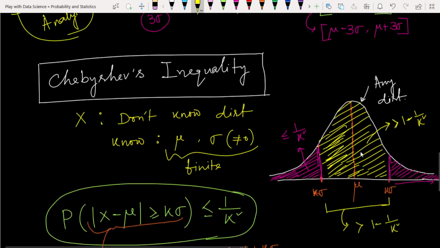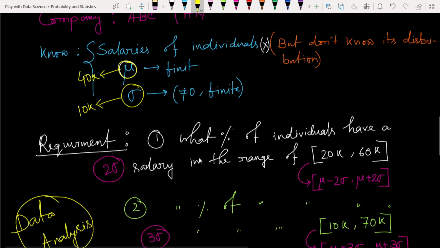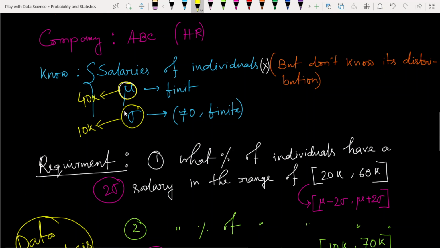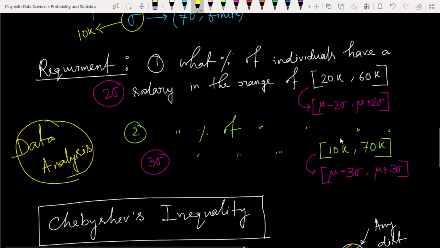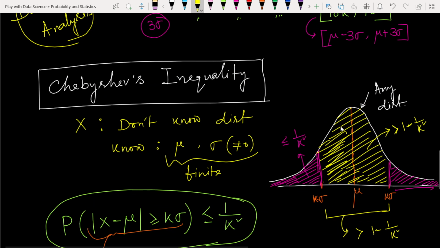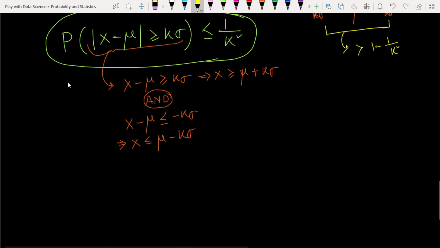So let's take this through an example that I have already prepared here. We know our mean is 40k and standard deviation is 10k, and we want to find this answer. First, write down the formula and rewrite it in another way.